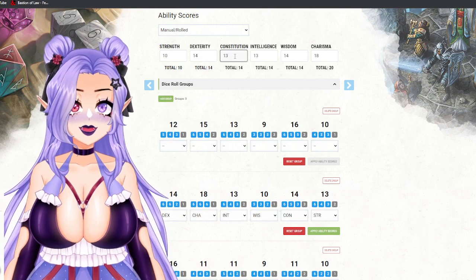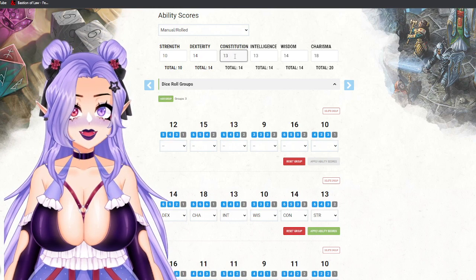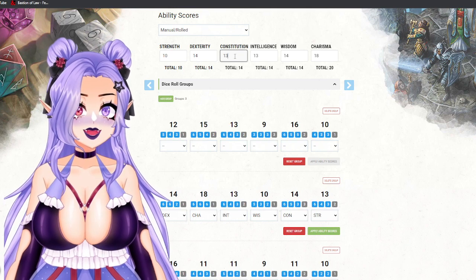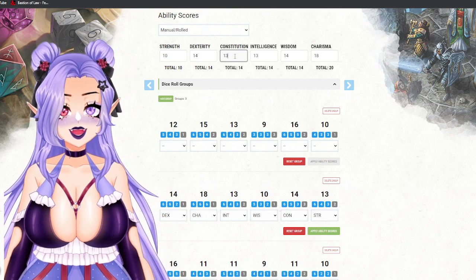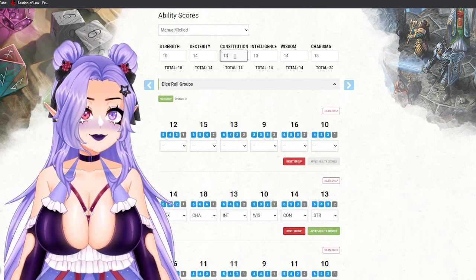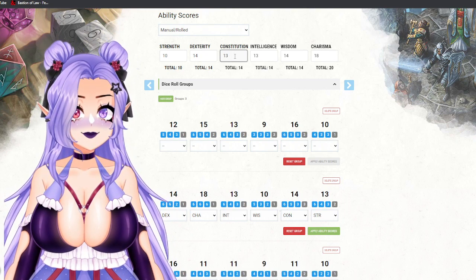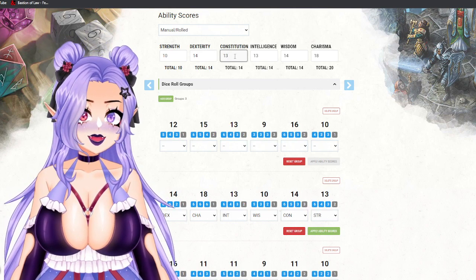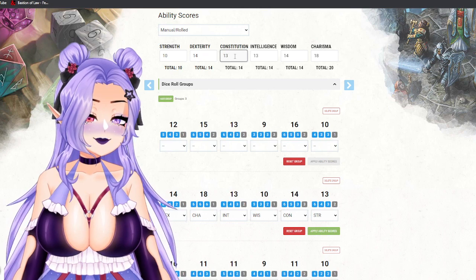Because I really like customizability, and I think that this just makes the game more freeform in a way that allows my players to have fun. And so hopefully no matter what, they're going to get at least something that feels strong to them.